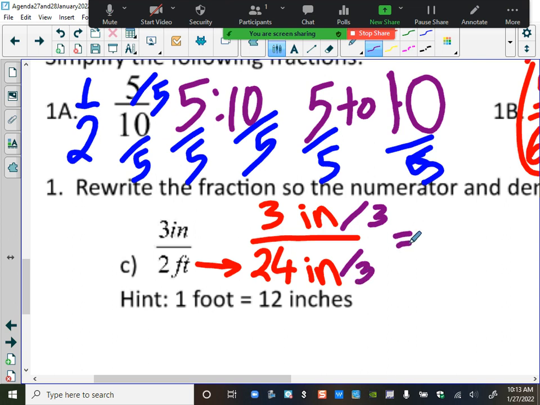24 divided by 3 is 8. Now, is the 8 going to go on the top or the bottom? Yes, so it'll be 1 over 8. You can write inches. Now, I know this would be specified down the road, but the fact that you said the 8 goes on the bottom is key. Because in the past, I've seen people write the 8 on the top, or they just write 8.